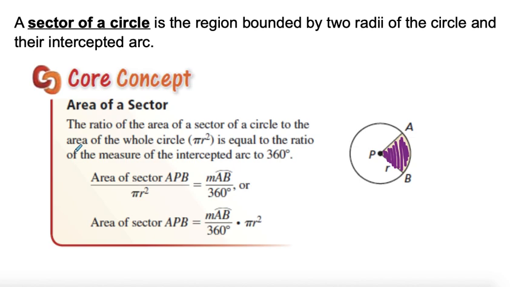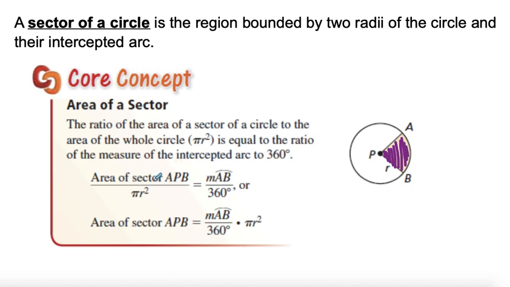And it says that the ratio of the area of a sector of a circle to the area of the whole circle is equal to the ratio of the measure of the intercepted arc to 360 degrees. So what this is really saying is that area of that slice over the area of the whole is equal to the measure of that arc of that slice over 360, which is what the circle has.